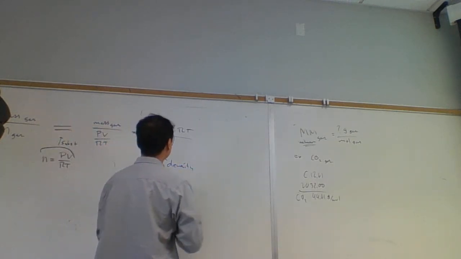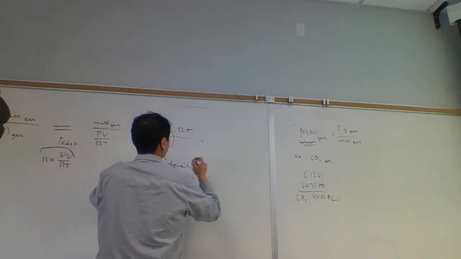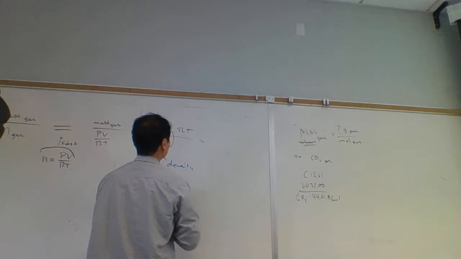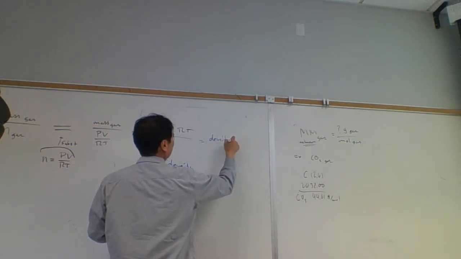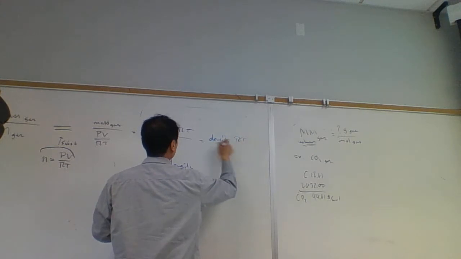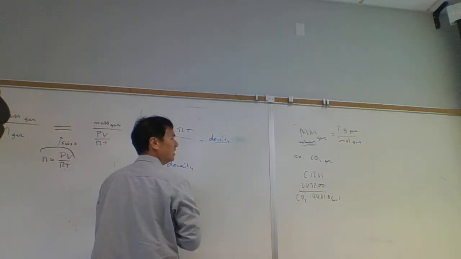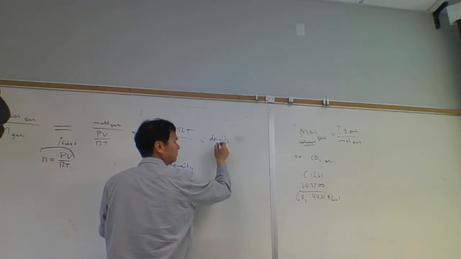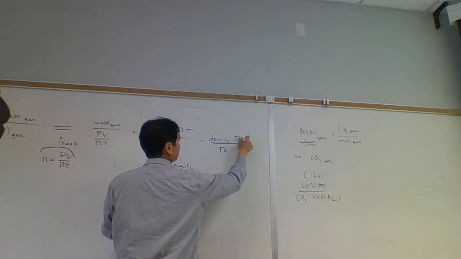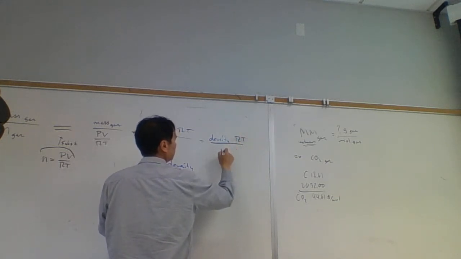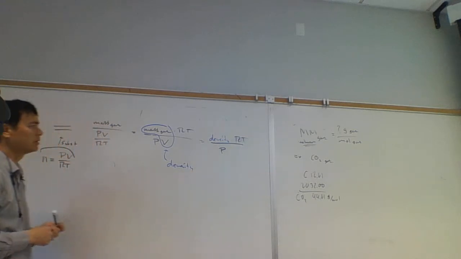And so what we end up with is this: the molar mass of the gas is going to equal the density of the gas times RT over P. Actually, we don't need V anymore because V is incorporated into the density.